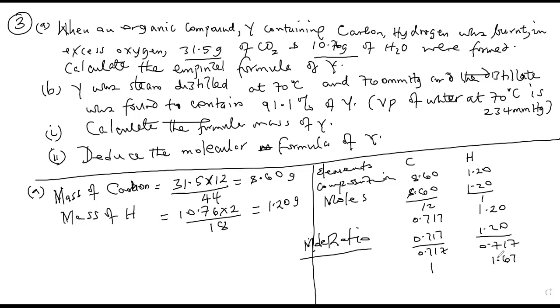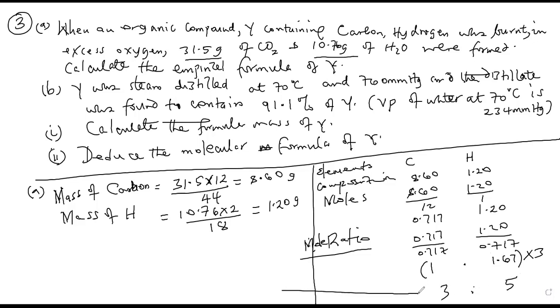Don't round this off to 2, but instead look at eliminating the fraction to form a whole number. When it is 1.5, 1.6, we multiply to eliminate it. So we multiply by 3. Multiplied by 3, this will become 5, while this one will become 3. So the molar ratio is 3 to 5.